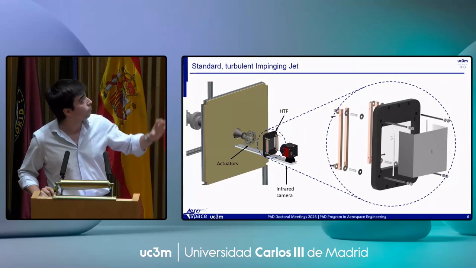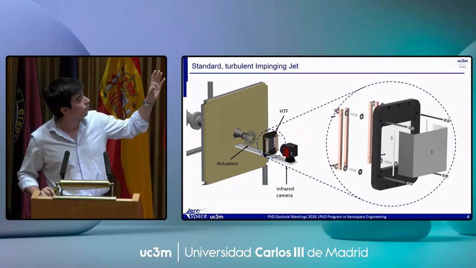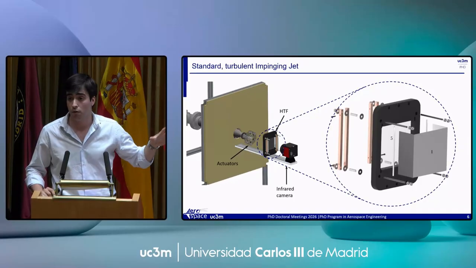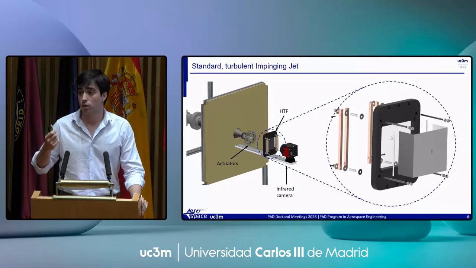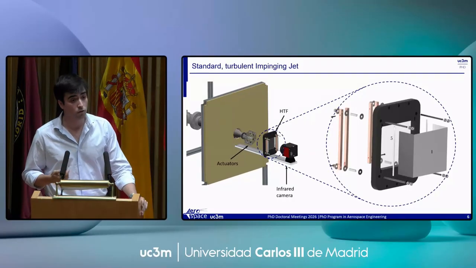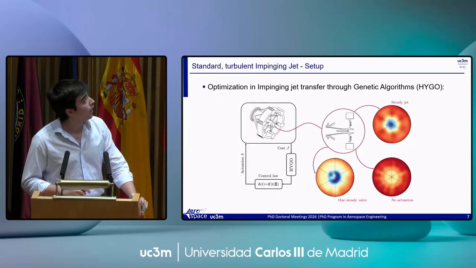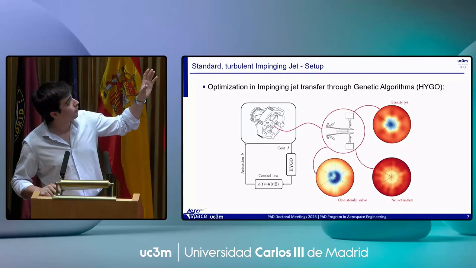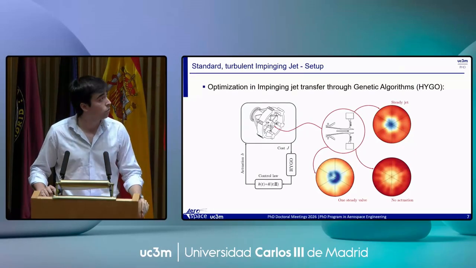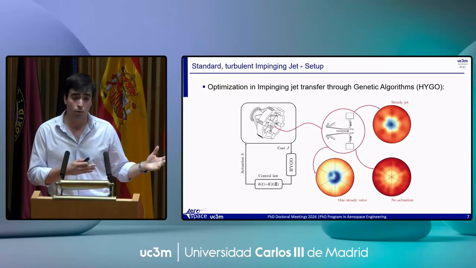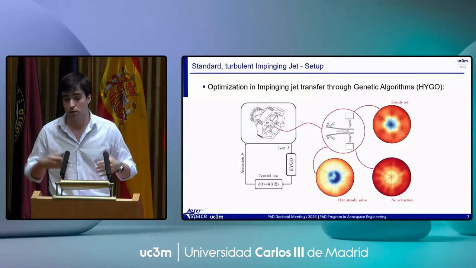So we would like to find a control strategy so that the heat transfer at the heated thin foil is improved. Each valve obviously works at a different frequency, different duty cycles, different phases. And we want to find a control law that helps us moving from the non-actuated case that you can see over there to an optimal case in which you improve both heat transfer while minimizing the mass injection.